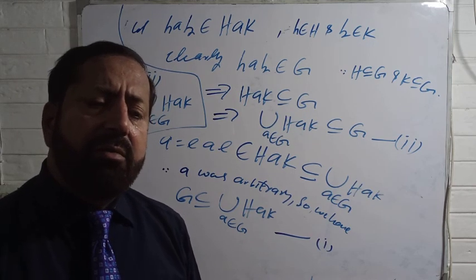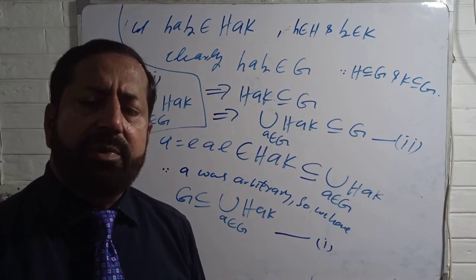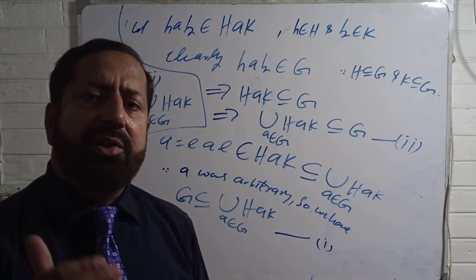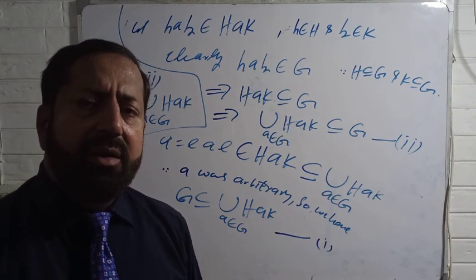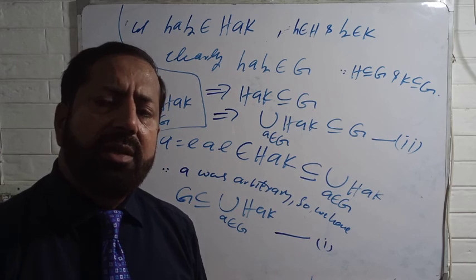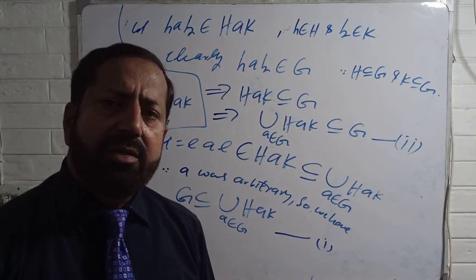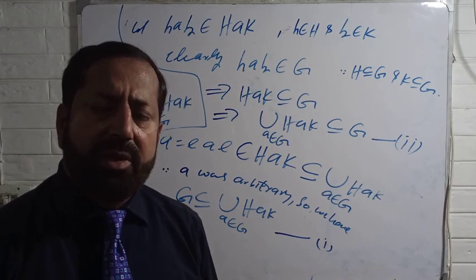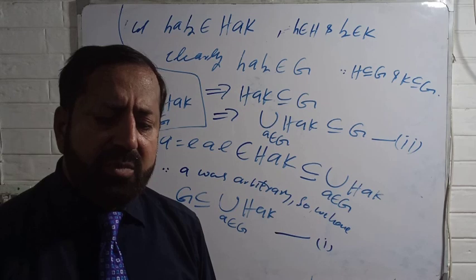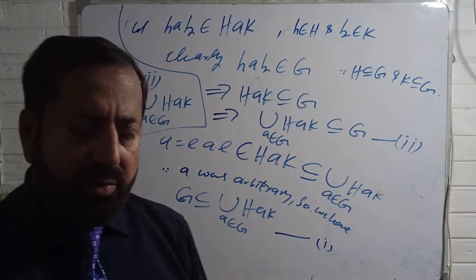If you have a set of all possible distinct double cosets, then that set is in fact a partition of G, because you have seen that any two double cosets are either identical or disjoint, and their union is the entire group G. Hence, just like the previous idea, the set of double cosets is in fact a partition of G. Okay.